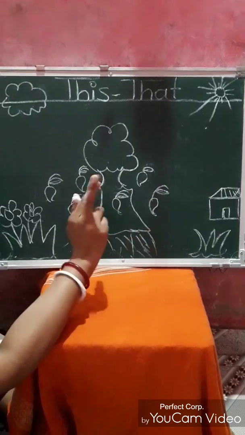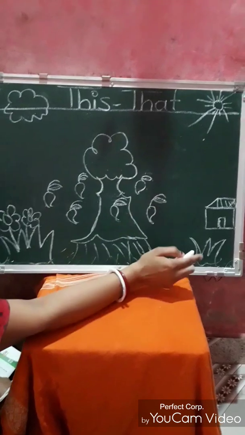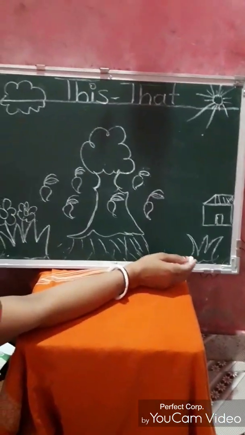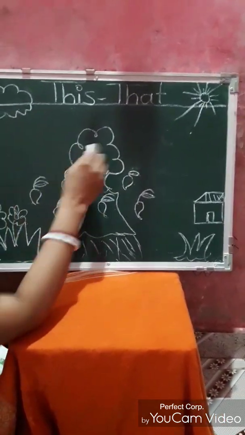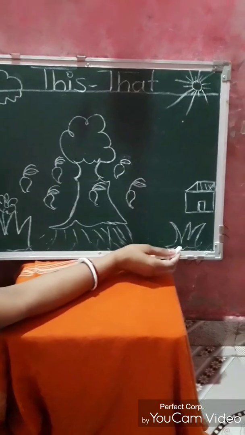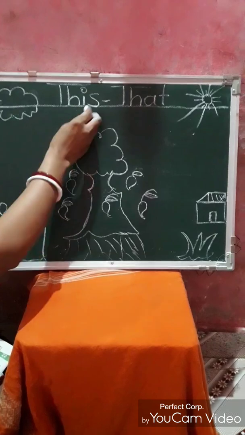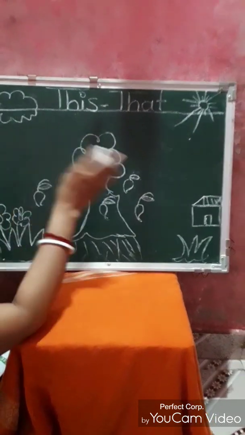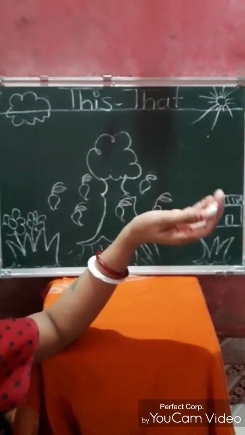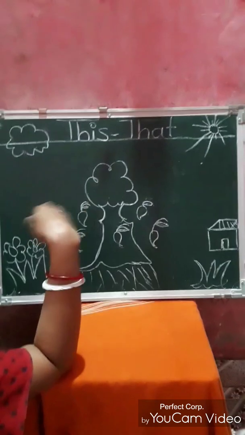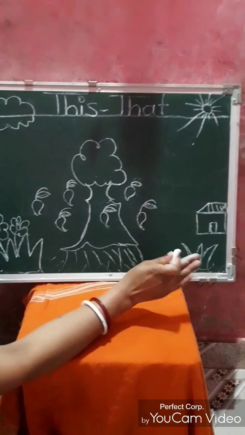So in the case of the fan we use that, and in the case of chair, benches, school bag, tiffin bag, water bottle we use this. By all these observations we come to know that we use this when we are talking about things which are nearer to us, and that when things are far away from us.